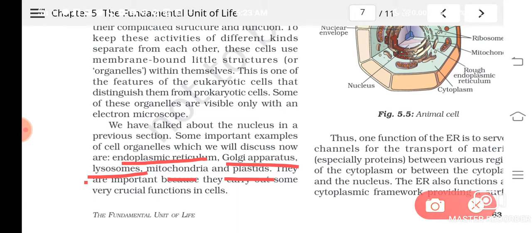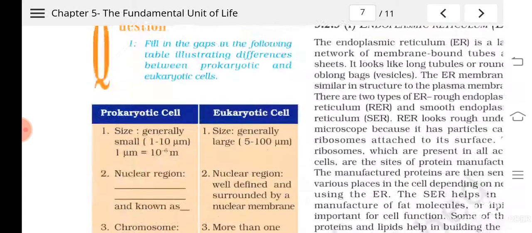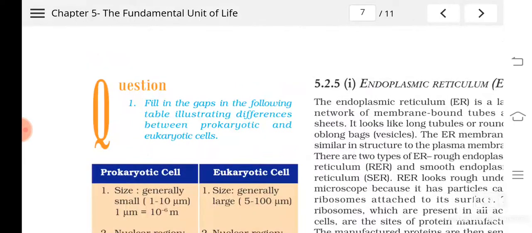Cytoplasm and nucleus constitute what? Protoplasm, isn't it? I told you. So in the cytoplasm, all the cell organelles are placed. The first one that we are going to study is the endoplasmic reticulum.